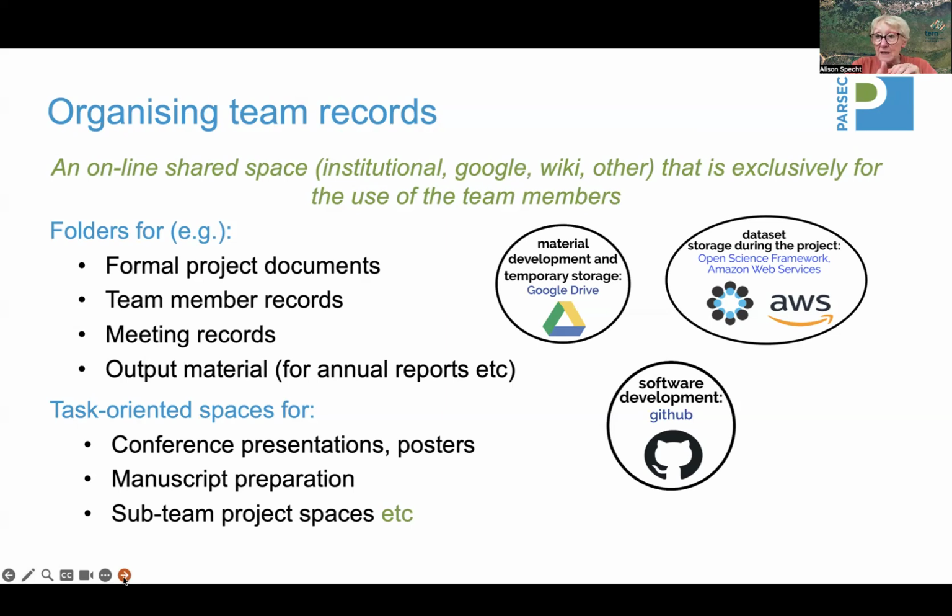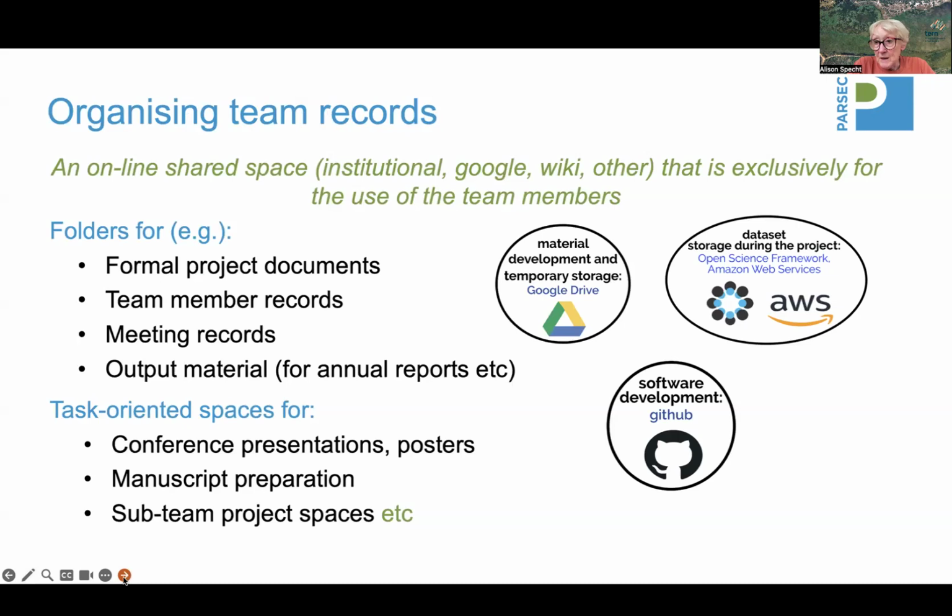Google does, a wiki might, and there are some others. Atlassian has such a thing. That is exclusively for the use of the team members. So don't forget, you've got to be able to make it private for the team members. And these are the sorts of things that you might have in this online shared space. And remember with the landing page, so you know what's where.